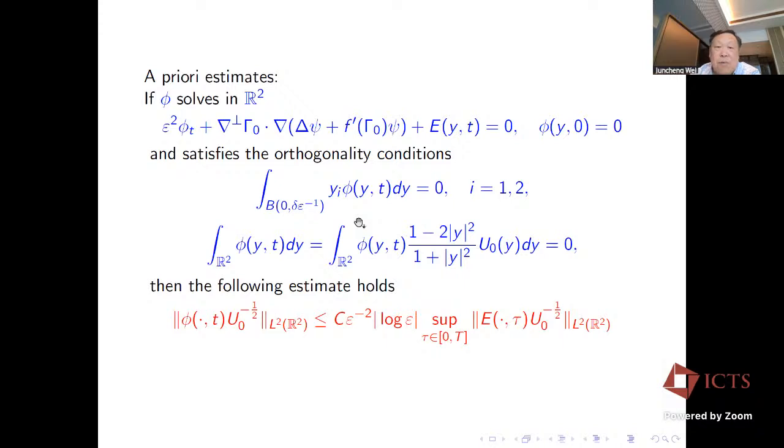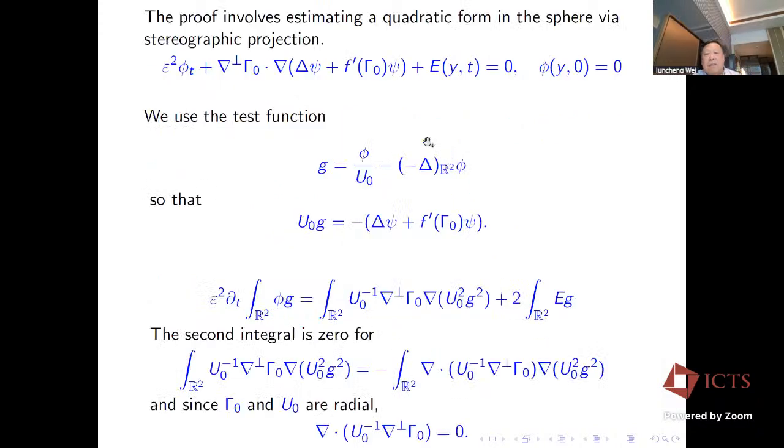And how to prove this? We prove this by a good test function. So this is our test function. Our test function is phi over u0 and minus phi.